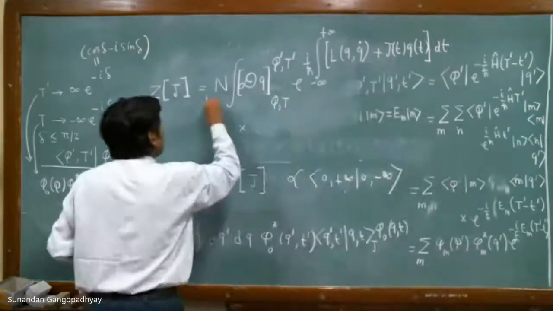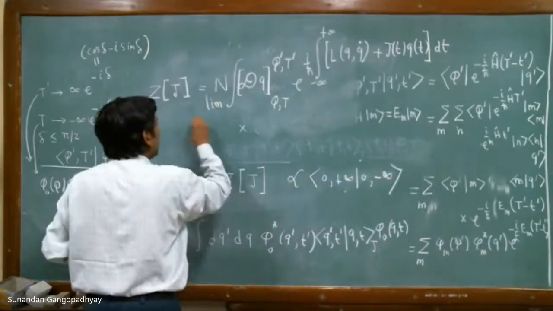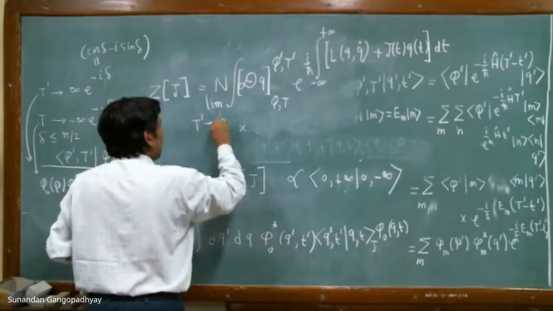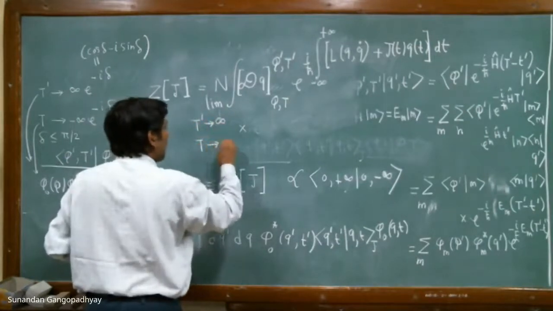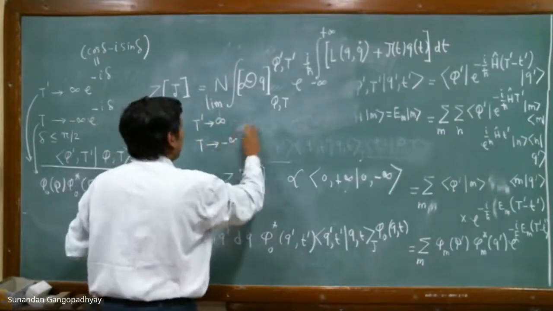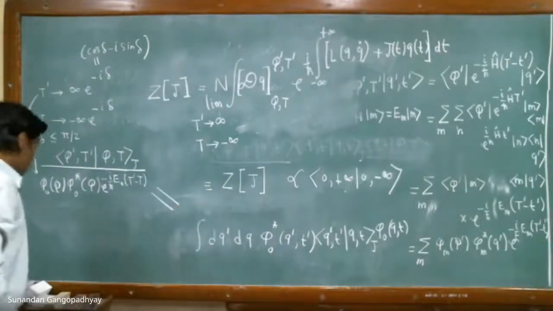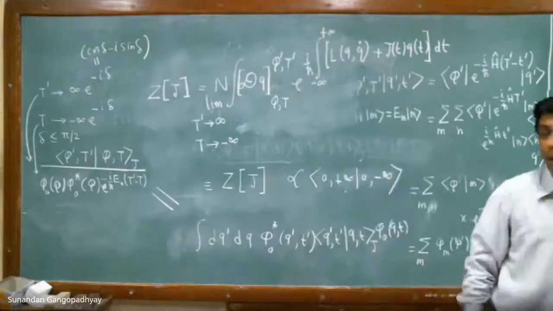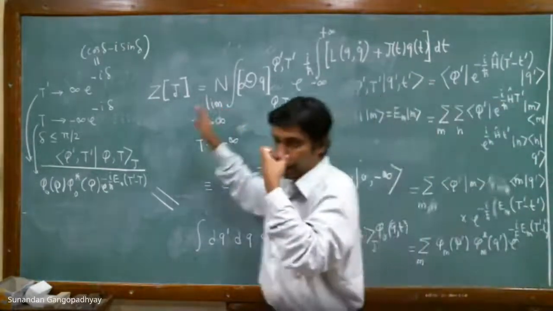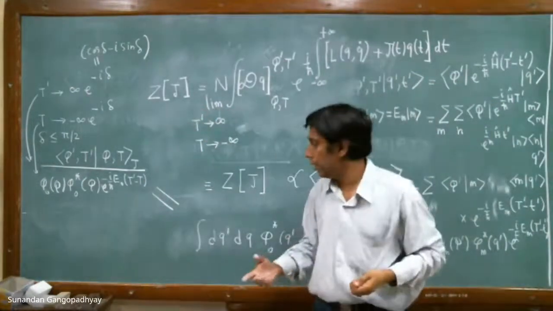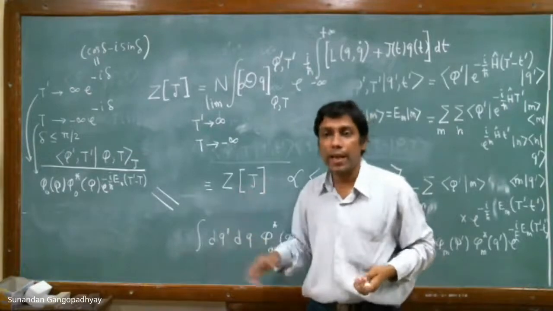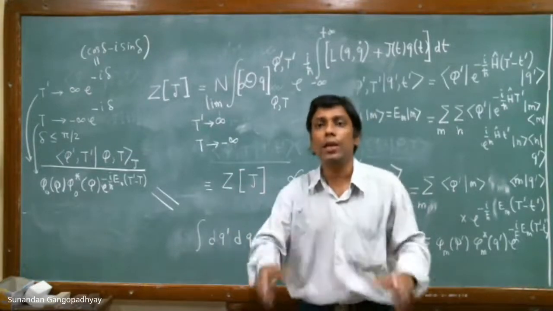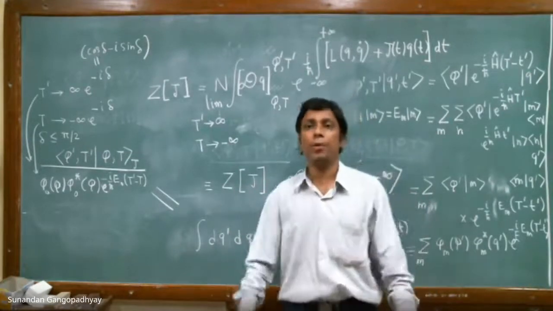And remember that we have taken this limit and this limit. So this is your generating functional or vacuum functional. Because in the earlier lecture we have seen that this kind of object has the ability to generate the correlation functions, to generate the various n-point functions.